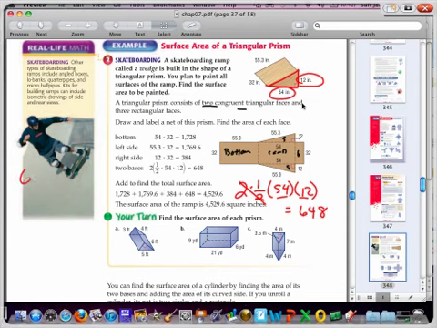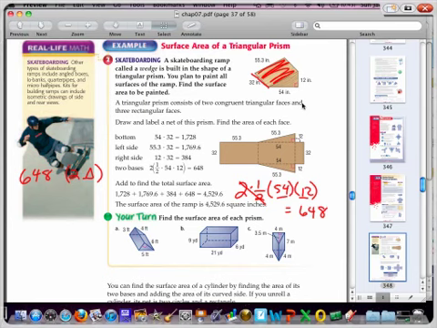So let's write that over here. We've got our 2 triangles. That's what that is. Okay, so now let's think about what else do we have. Well, we've got this surface area right here. Let's talk about the top. We've got that surface area, and we know that it's 32 inches wide, and it is how long?